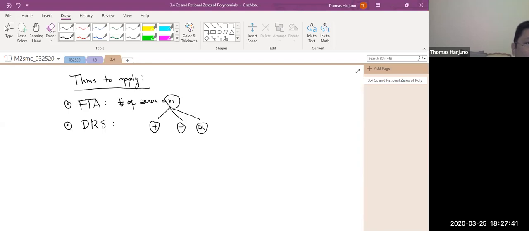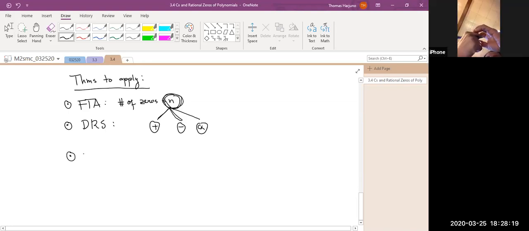So if according to Descartes' rule of signs we have 2 positive and 1 negative, even though the degree is 5, then once I get 2 positive zeros, I stop. I don't need to find the 3rd one or the 4th one. This tells us the further breakdown of the zeros, and therefore we know when to stop.